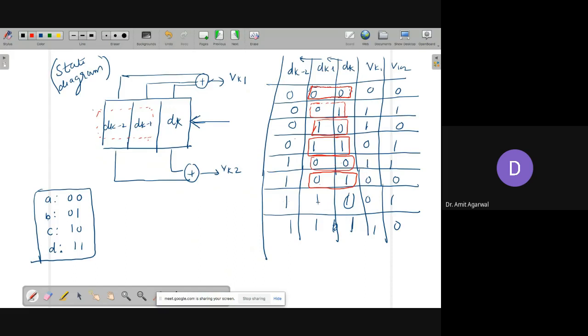Similarly, if you are in 11 and 0 comes, the next state will become 10.